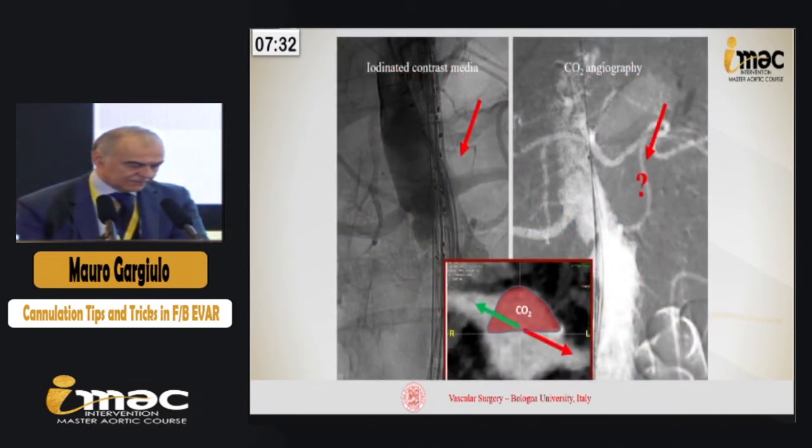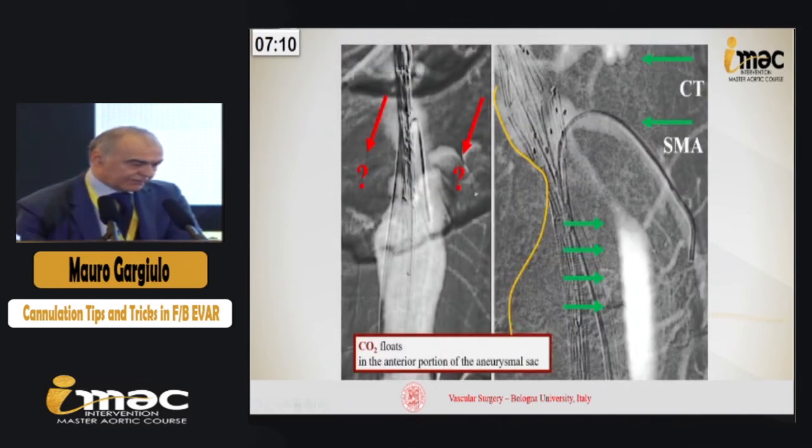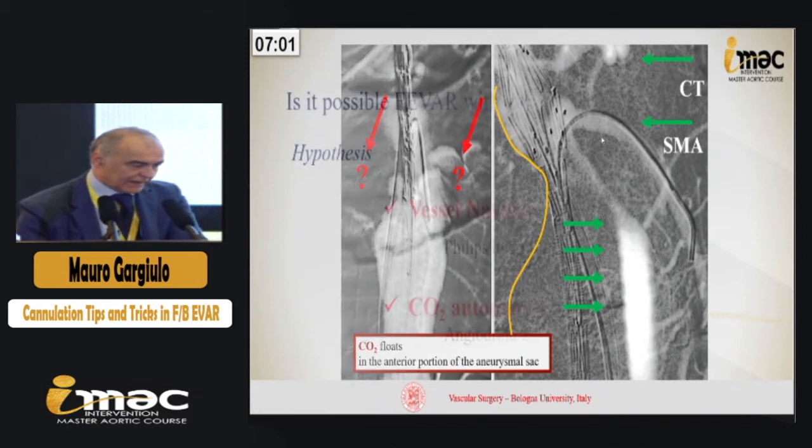In this case, you can see the right and left renal arteries with iodinate contrast medium, but if the ostium of the left renal is in the posterolateral wall of the aorta, you don't see the renal artery, because the CO2 floats in the anterior aortic wall. You can see the celiac trunk and the SMA without any problem.